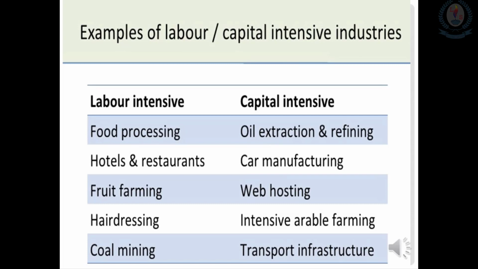Examples for capital intensive are oil extraction and refining, car manufacturing, web hosting, intensive arable farming, and transport and infrastructure.